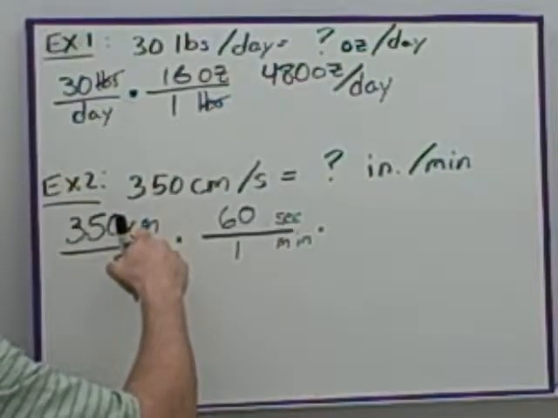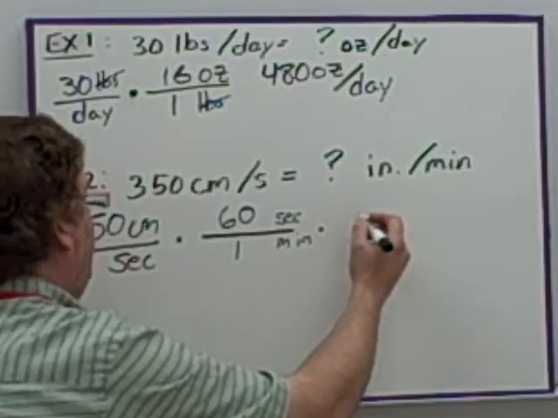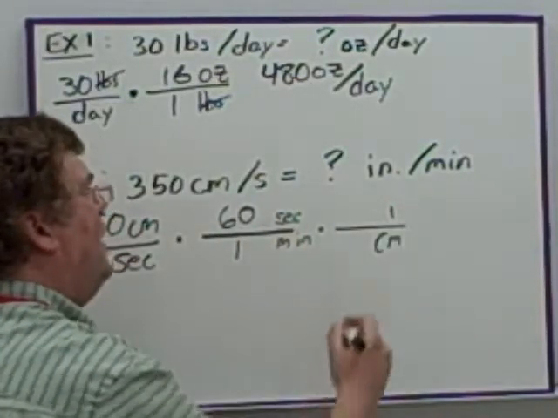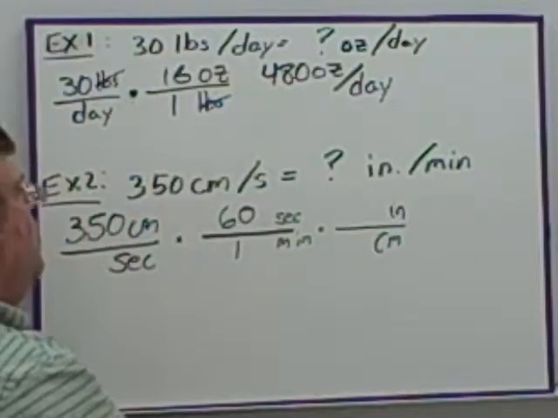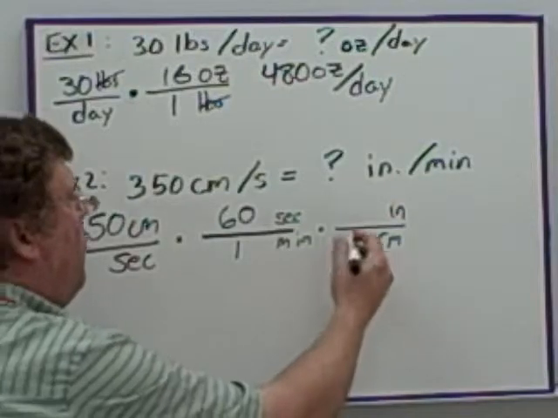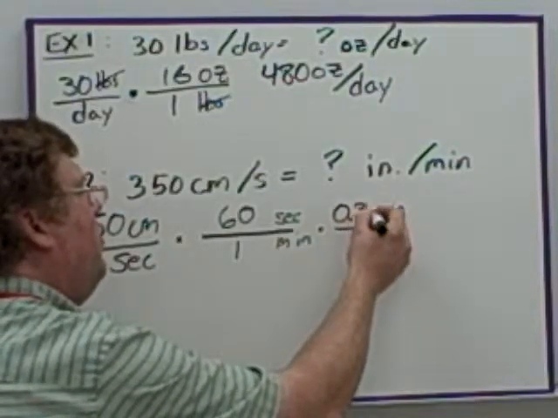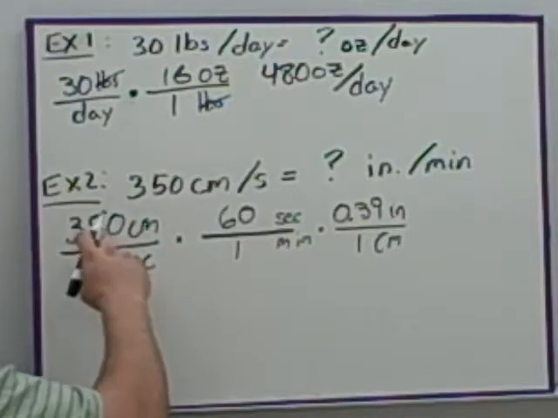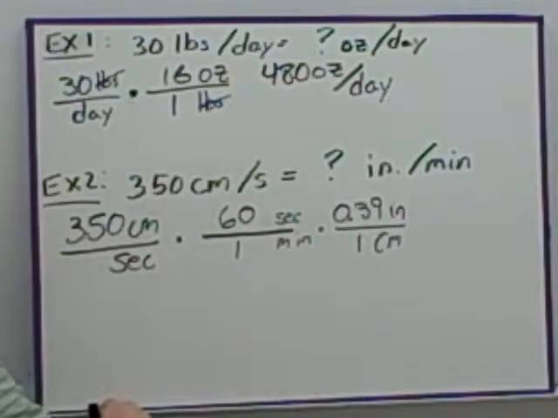I still need to convert the centimeters to inches. And I know that to do that I'm going to want the centimeters on the bottom and the inch on the top. Because in the end I want the inches on the top. Well, I know that 1 centimeter is going to be, according to the FCAT reference sheet, 0.39 inches. So I set it up like this, and it turns out since all these numbers are on the top, I'm going to be multiplying straight across.